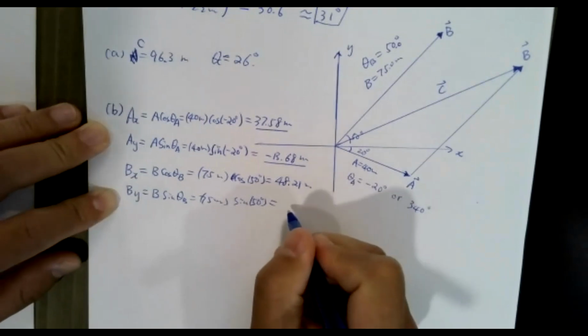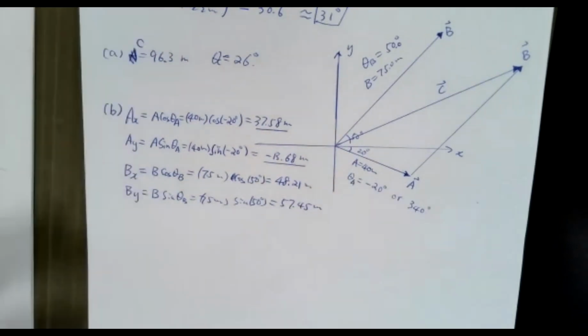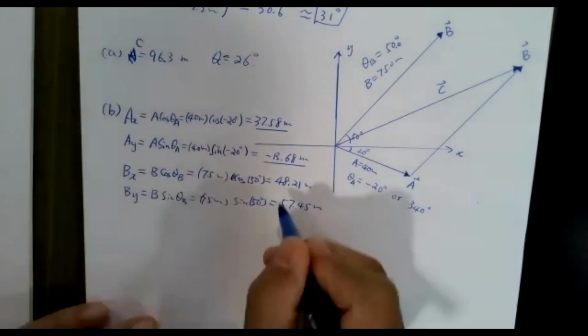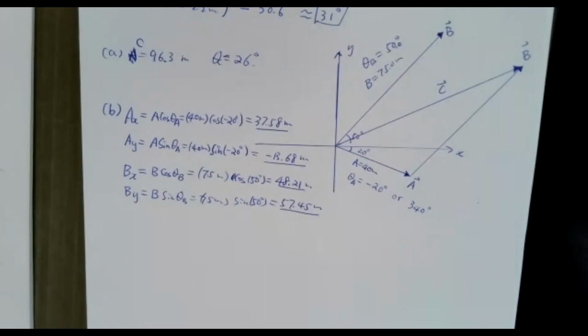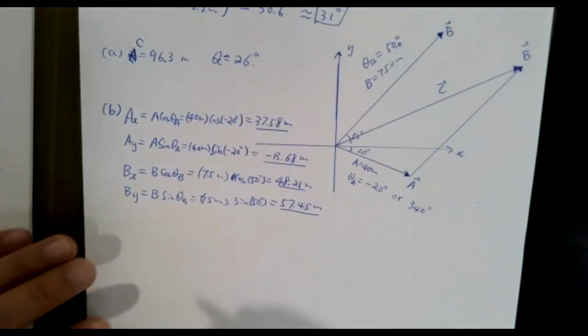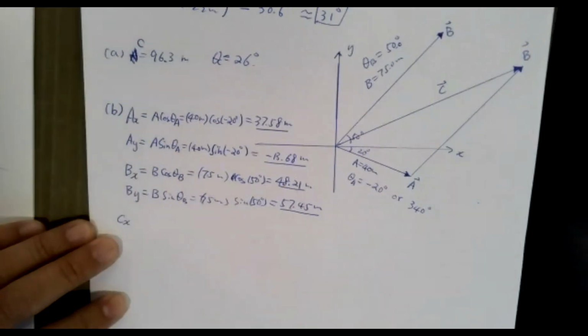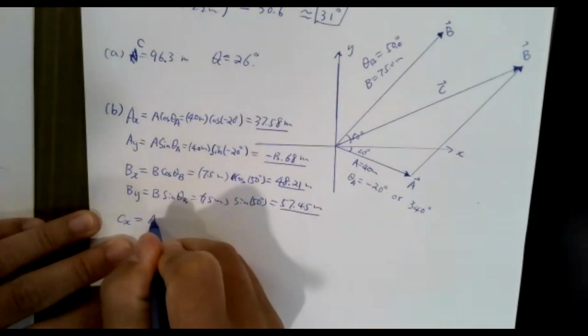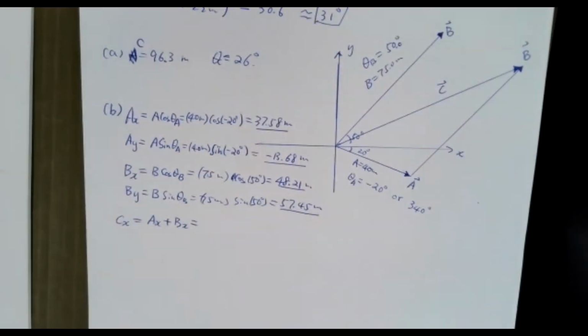So that's 57.45, okay? So then you have the x and y components for A and the x, y components for B, all right? Now, for the components of the resultant, Cx will then be simply Ax plus Bx, okay? So I think it's straightforward, just a little bit tedious. You will have to do multiple steps here.